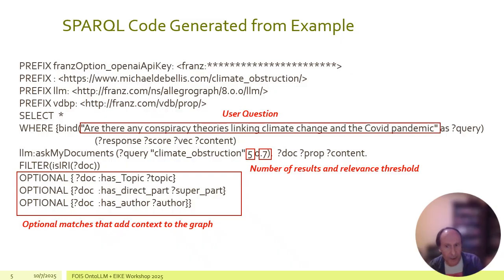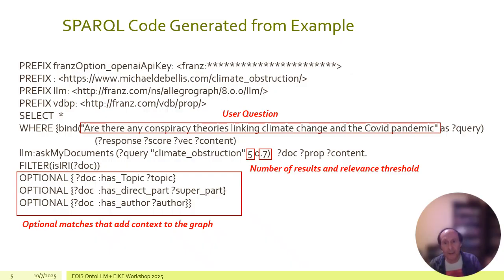But in reality, what it's doing is calling a function. So it binds things that are in the first part, where you would normally have the predicate, and then it executes the magic property, and that returns the bindings for the documents, the properties, and the content. And then those optional statements at the bottom there, those are completely irrelevant.